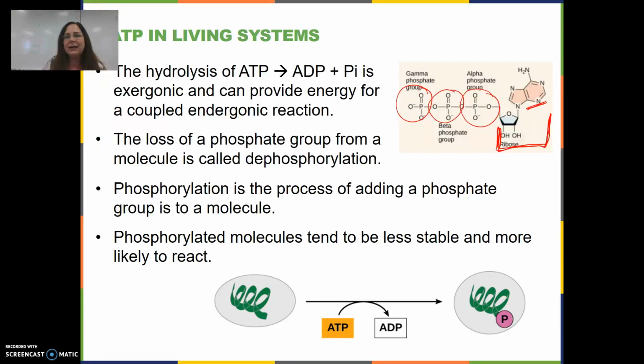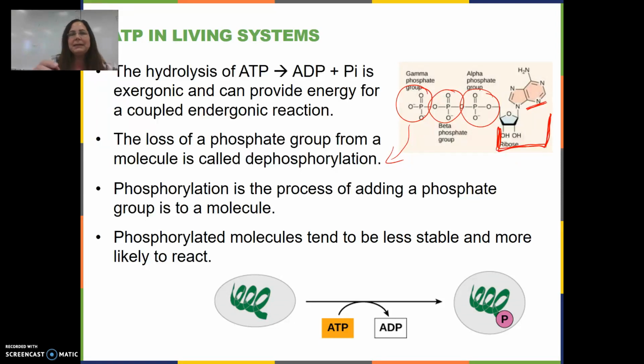And if one phosphate group is removed, by breaking that phosphate bond, energy can be released. It's a high energy molecule. So when you lose one of those phosphate groups, the ATP becomes ADP. ATP stands for triphosphate, 3 phosphates, and ADP stands for diphosphate, 2 phosphates.